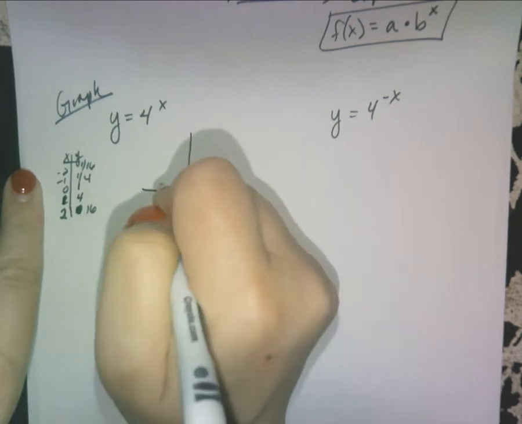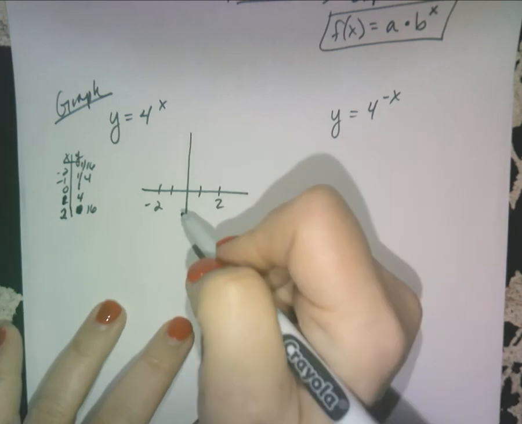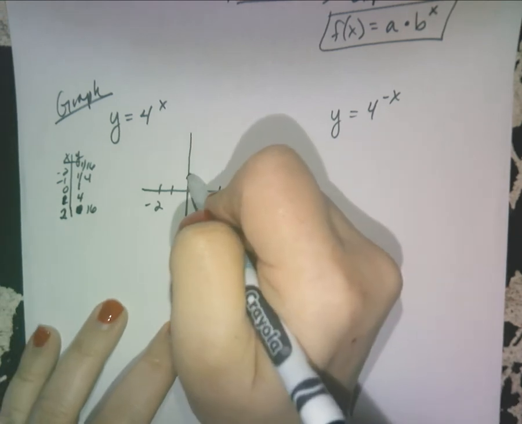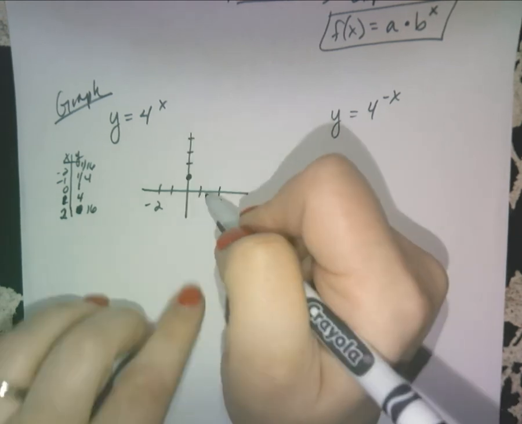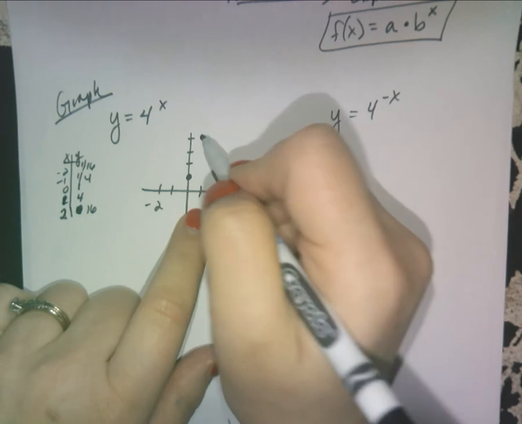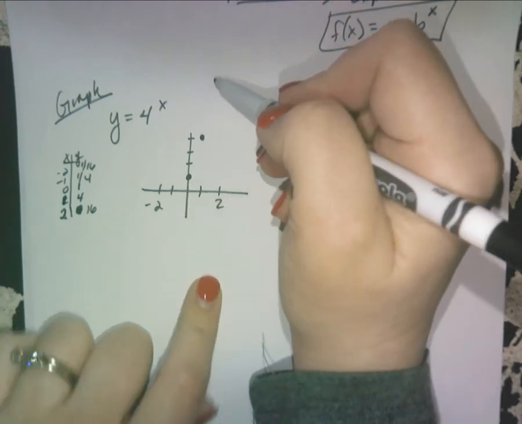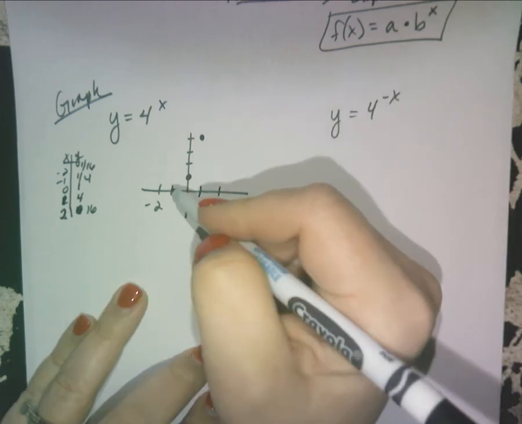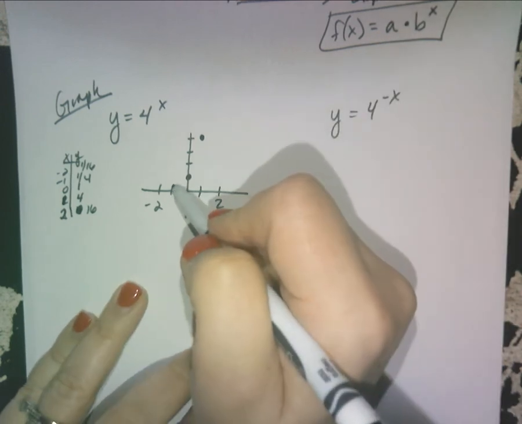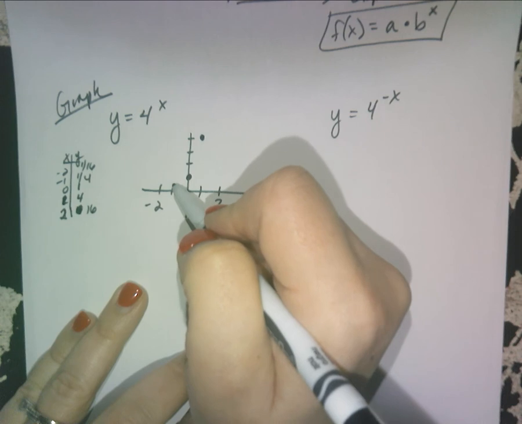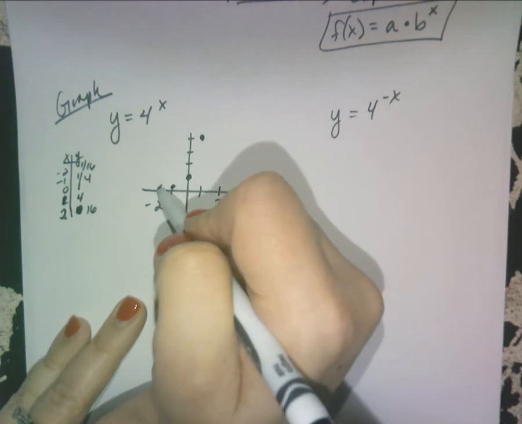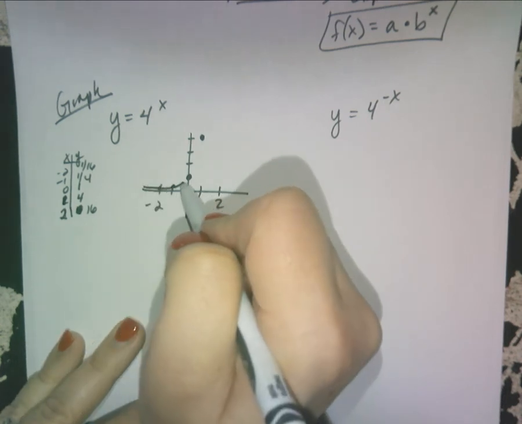So if you start graphing this, here's -2, 0, 1, 2, 3, 4. At 1, 4 is right there. At 2, 16 is way up here. I can't even draw it, it'll go off. And then at -1, you're at 1/4, which would be here. At -2, you're even tighter along that x-axis.